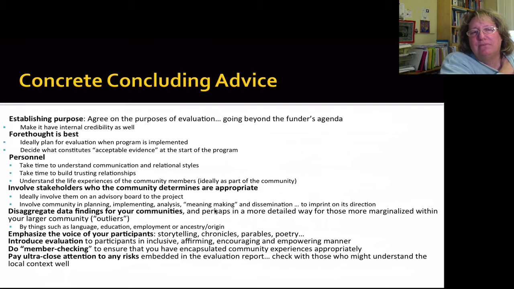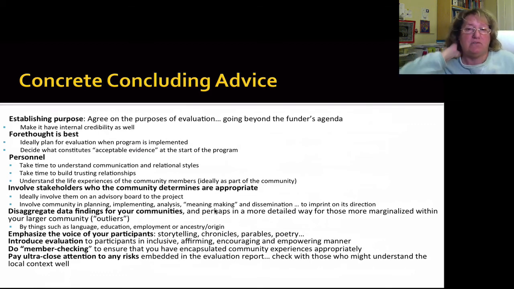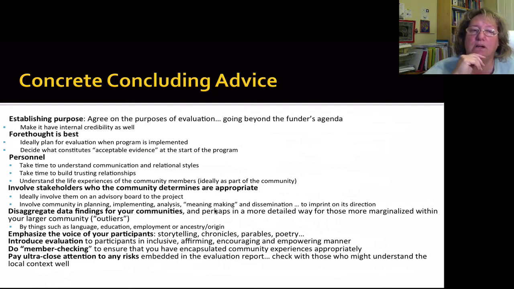You also, in a standard way, want to make sure you disaggregate your findings to look at how different communities benefit or don't benefit from the intervention. We're going to talk about this a little later, you also want to capture not just the norms of what most people experience, but also the outliers, and hear those for whom it didn't work.